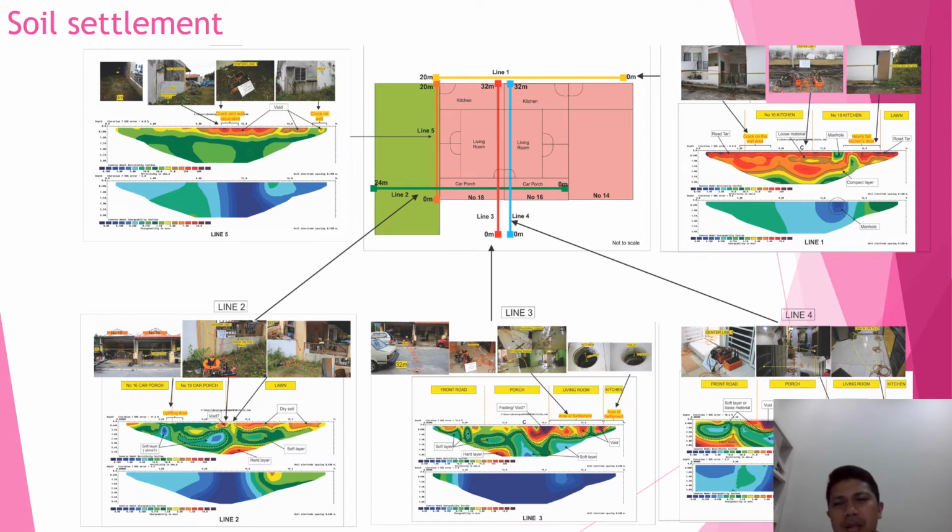As you can see at the surface, normally a high resistivity value means the area has a problem. You can see also on lines 2, 3 and 4, if we have a low resistivity value, maybe the area has a lot of water.